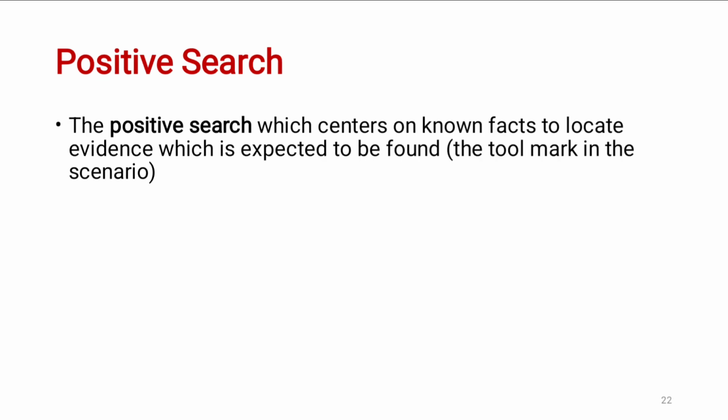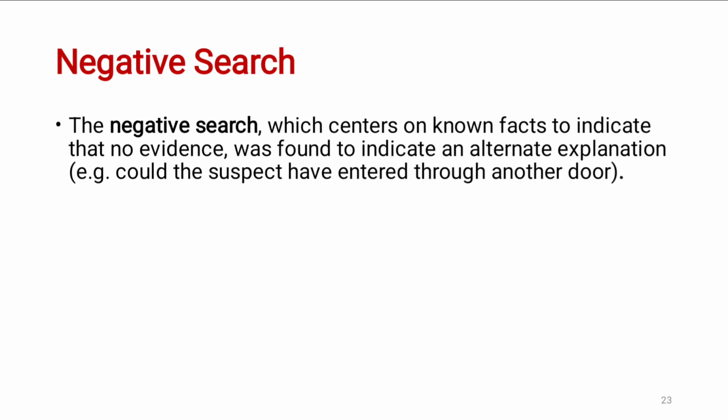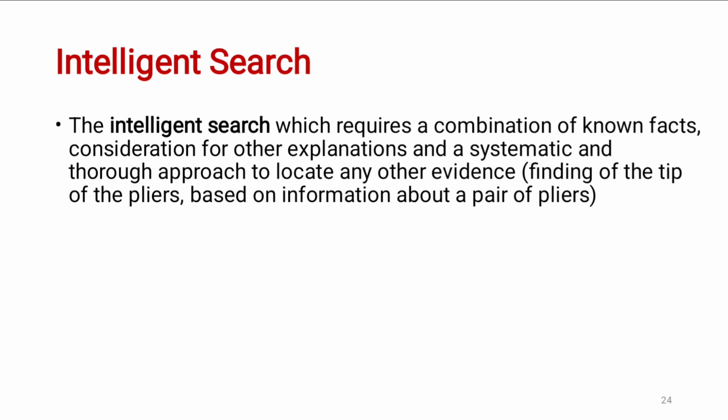The positive approach centers on what is known, the facts that are expected to be found at the crime scene, and there is a tool mark in the scenario. Negative search focuses on the facts that are not found, which might give alternative explanations for the crime that is being investigated.